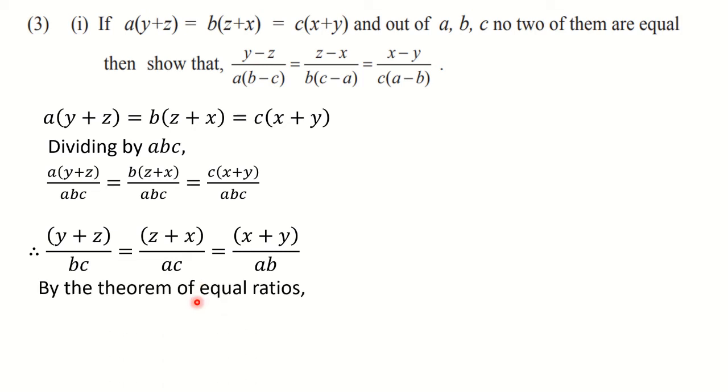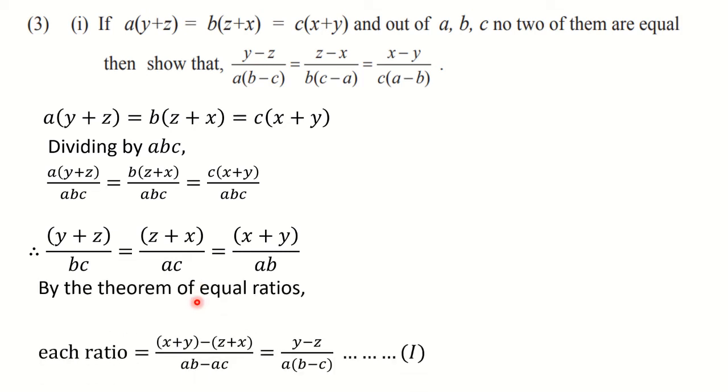We are going to apply the theorem on equal ratios, and by using that we write each ratio is equal to, see, in the denominator ab minus ac is written. For better understanding, you expand this ab minus ac and write it down in the denominator. Now see this ratio.